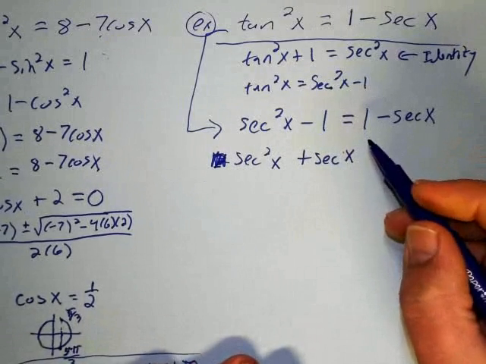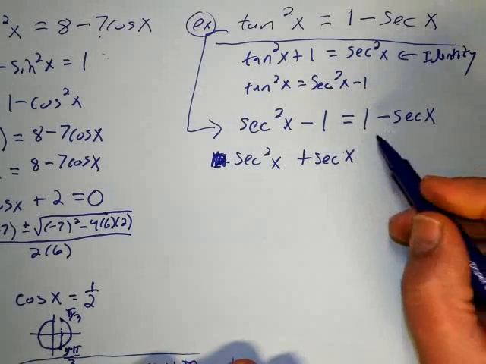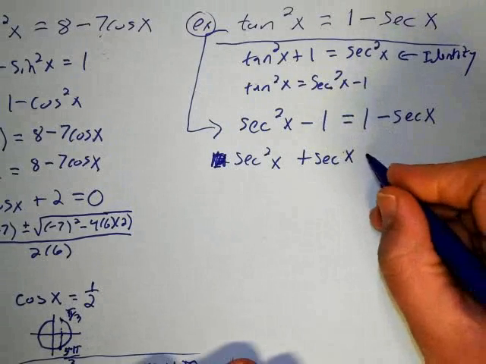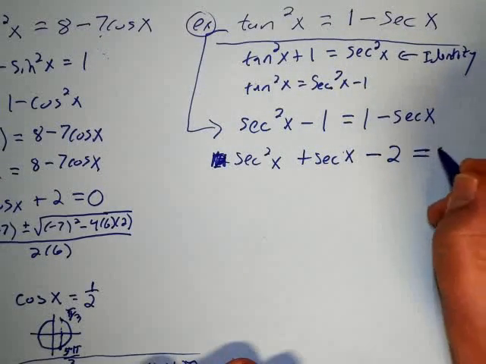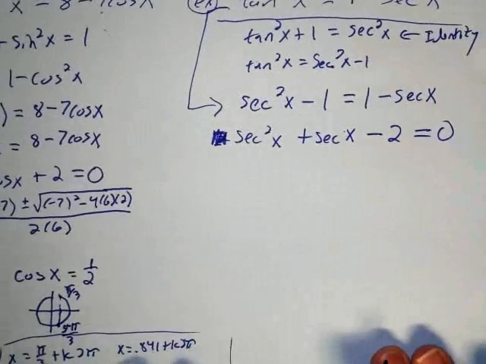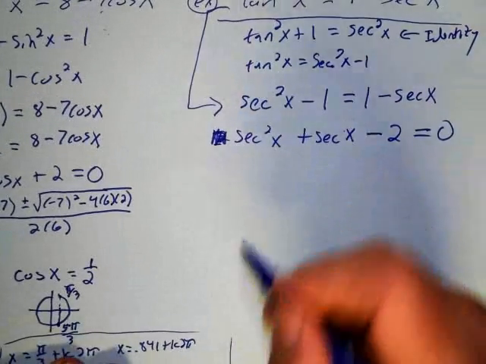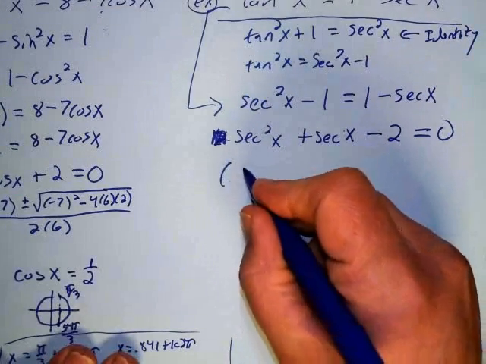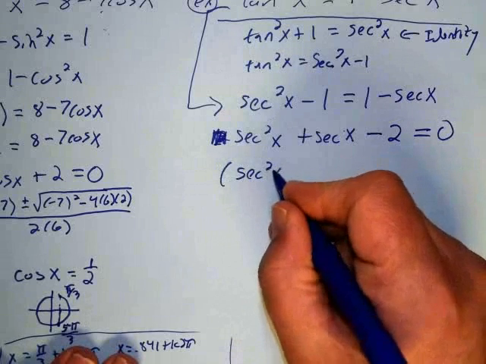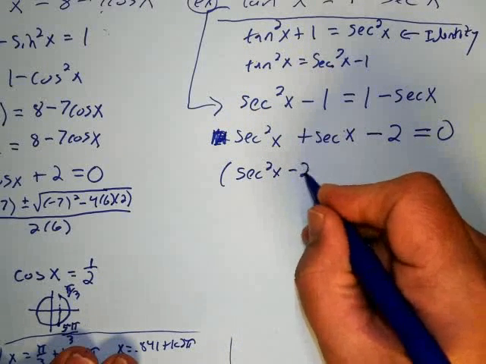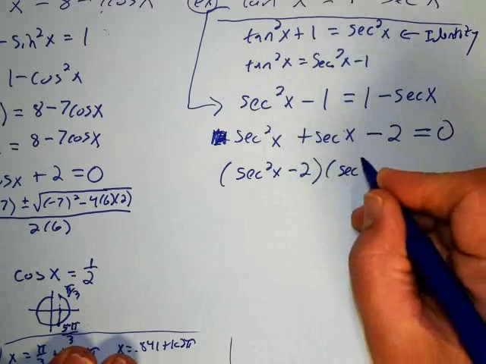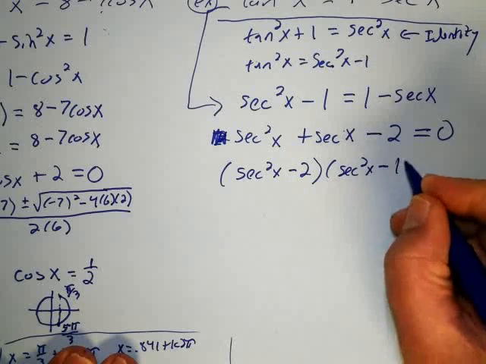And then this would come over, and that would be minus 2 is equal to 0. So it'd look like that. And this thing can actually be factored.